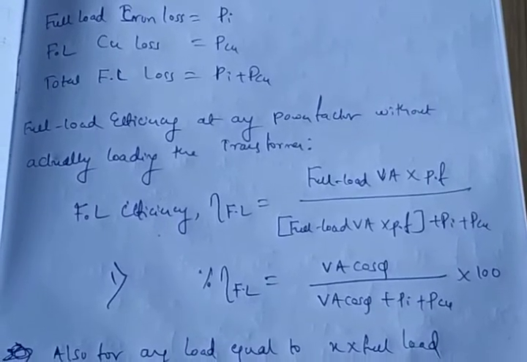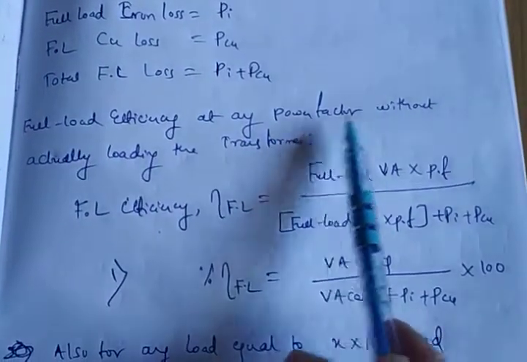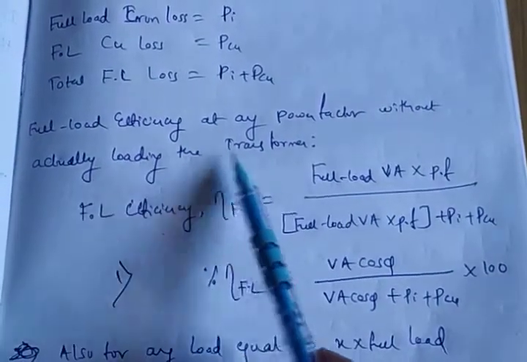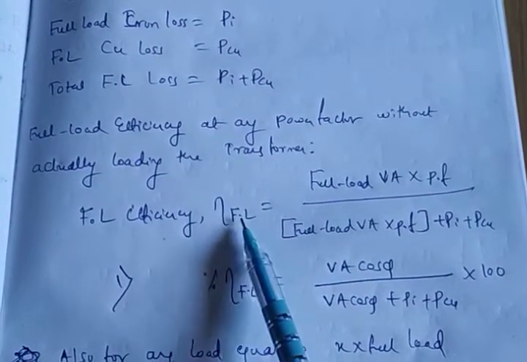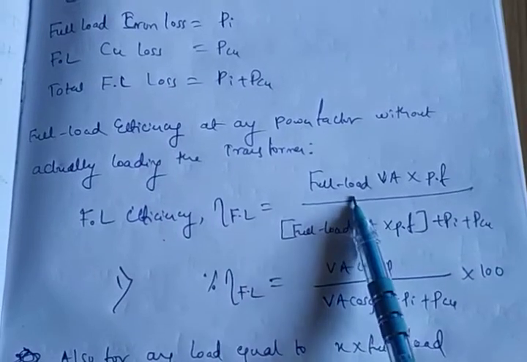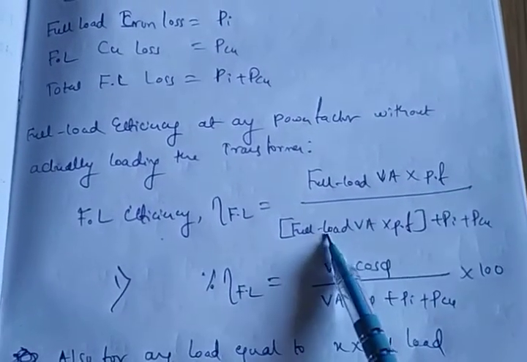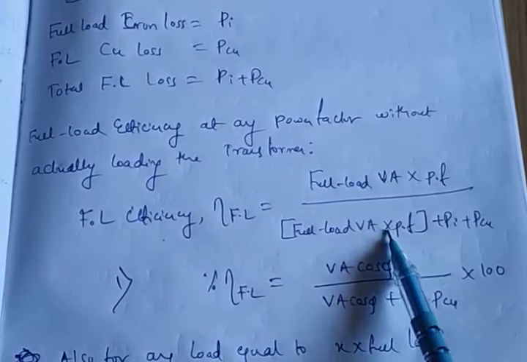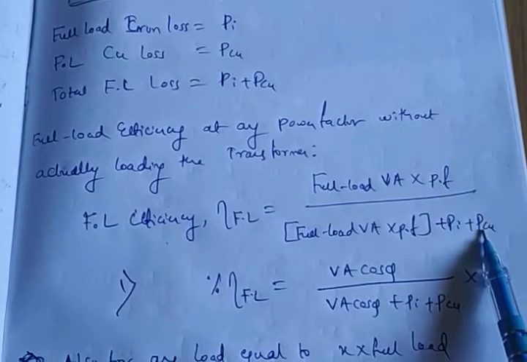Now it is very important that the full load efficiency at any power factor, without actually loading the transformer, is equal to the full load volt ampere into power factor, divided by full load volt ampere into power factor plus losses Pi plus PCU.